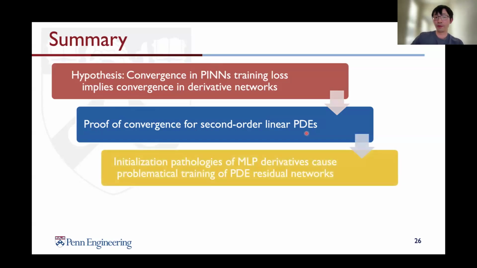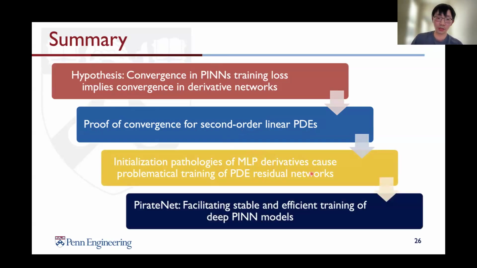Next, we review the initialization pathologies of MLP derivatives, and this causes problematic training of PDE residual networks. Then finally, to solve this issue, we propose the so-called PirateNet to facilitate stable and efficient training of deep PINN models. So that's a summary.